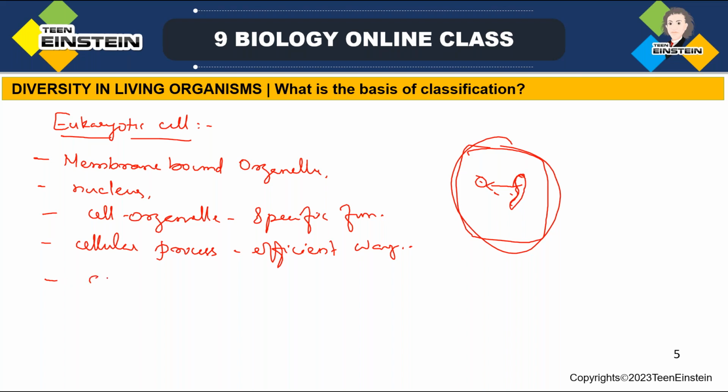See here, one clear nucleus is there and other organelles are there. Inside the nucleus there will be some function, right? And the other organelles will have their own pathways. So without affecting the pathways or processes in other organelles, each organelle can work.